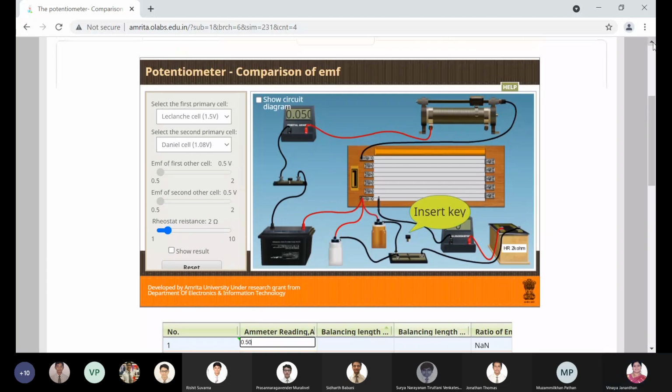Right. Now I'm inserting this key. So let me move the jockey and see where your galvanometer shows zero deflection. What is this distance?